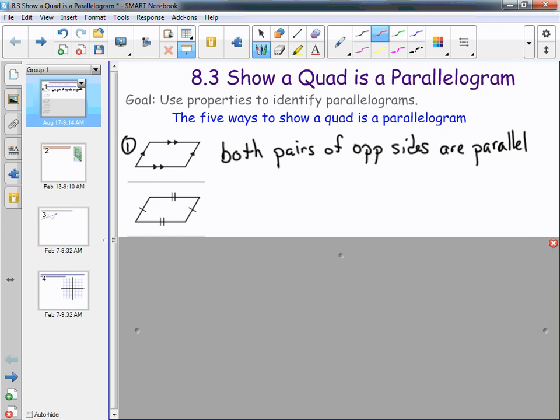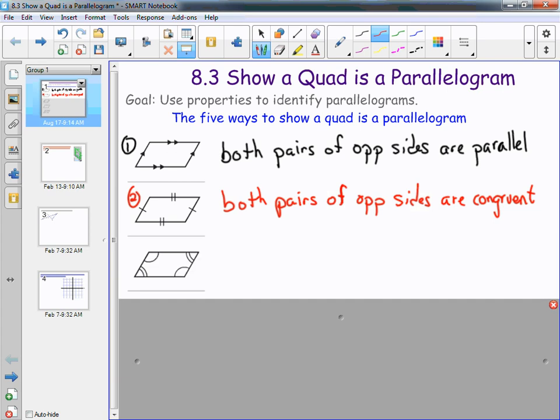Option number 2. We look at the diagram here, and we see that both pairs of opposite sides are congruent. It is our second way to prove that a quadrilateral is, in fact, a parallelogram.